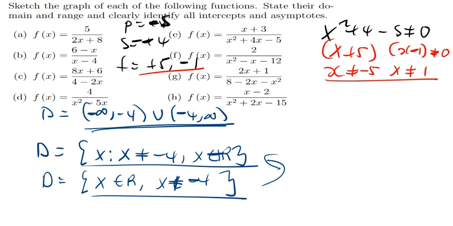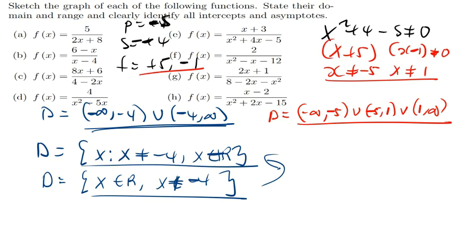This is my domain. So the domain will be from negative infinity all the way to negative 5, union from negative 5 all the way to 1, union from 1 all the way to positive infinity. Any question on how to find the domain of a rational function?